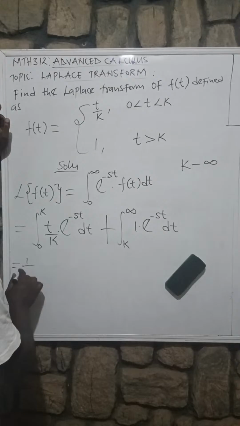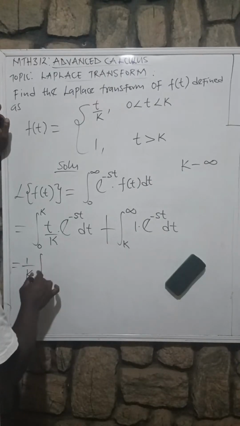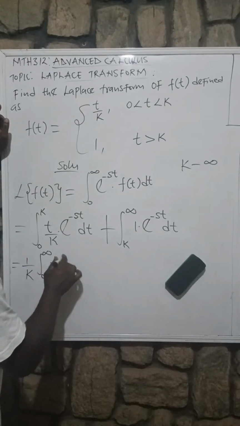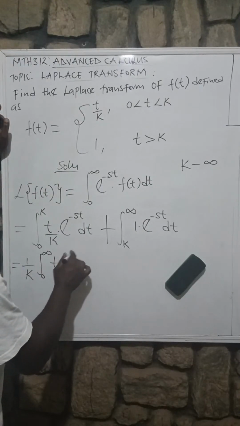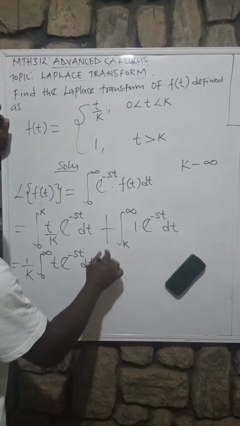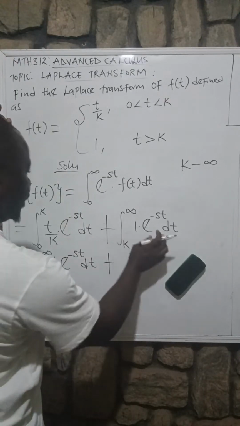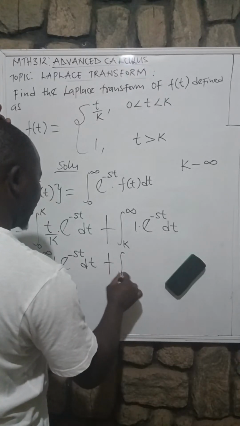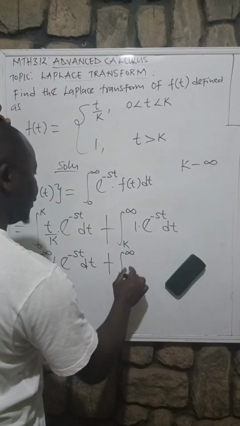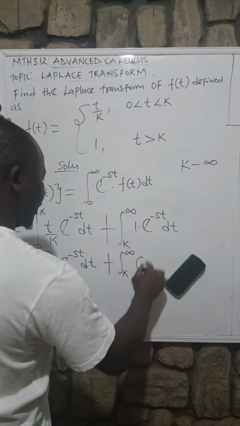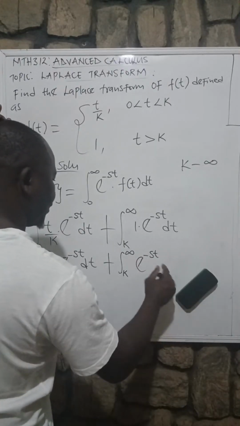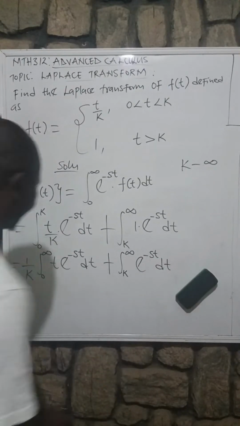This is the same thing as 1 over k times the integral from 0 to infinity of t exponential minus st dt, plus the integral from k to infinity of 1 times exponential minus st dt, right?